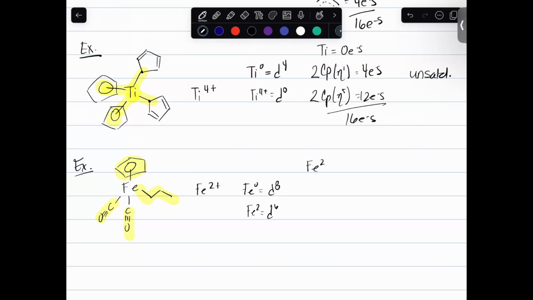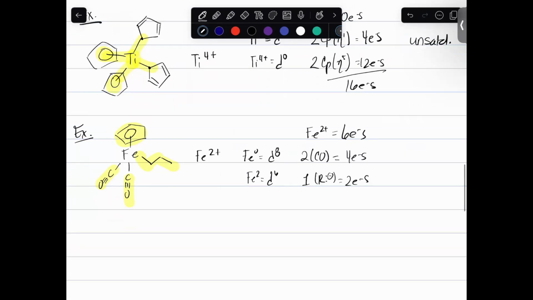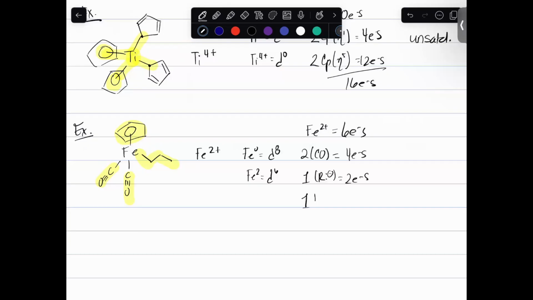Iron 2+ is coming in with 6 electrons. There are 2 carbon monoxides. That's a total of 4 electrons. There's 1 alkyl group, and that's 2 electrons. 1 cyclopentadienyl, and it's eta 5.